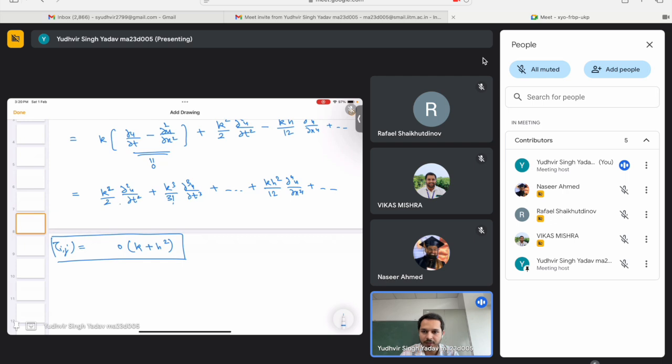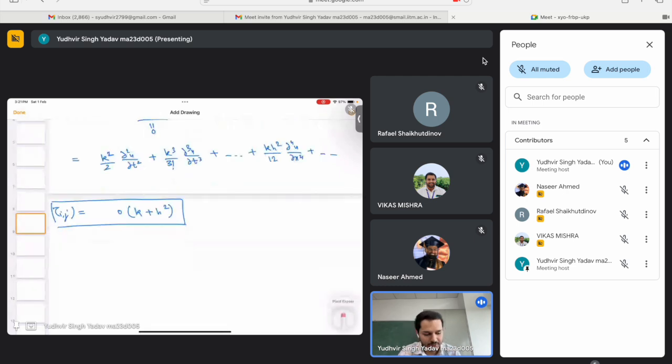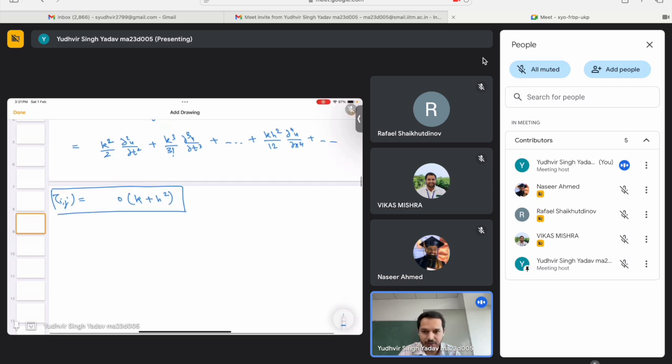Because if we take k common from all the terms in the last equation, we will get one h square term with respect to del u by del x. So then the order of this scheme is k plus h square, which is linear with time, or second order accuracy with respect to x.